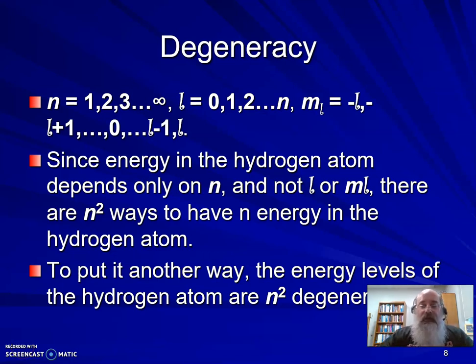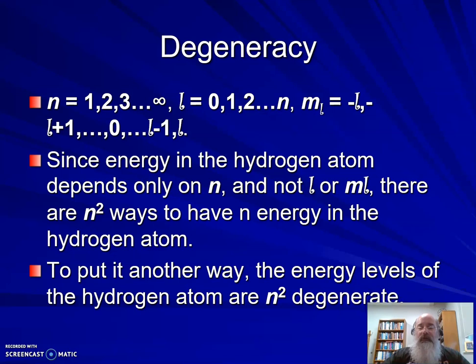And we left off last time talking about the hydrogen atom and the energies of the hydrogen atom. We mentioned on that last slide that the energy of the hydrogen atom only depended on n, not on l, not on m sub l. So since the energy depends only on n, we can work it out if we count up how many l's and how many m sub l's are possible.